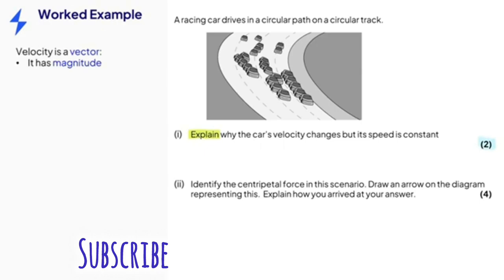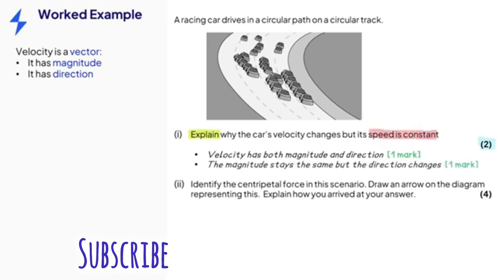It has magnitude and direction. Writing that down gains our first mark. Speed has magnitude but no direction. So for changing velocity but constant speed, it has to be the direction that changes, while magnitude is constant. That's our second mark.